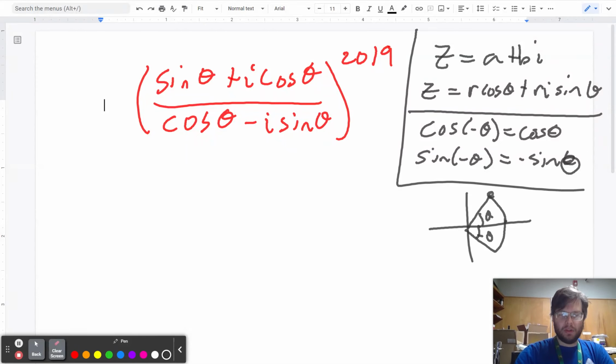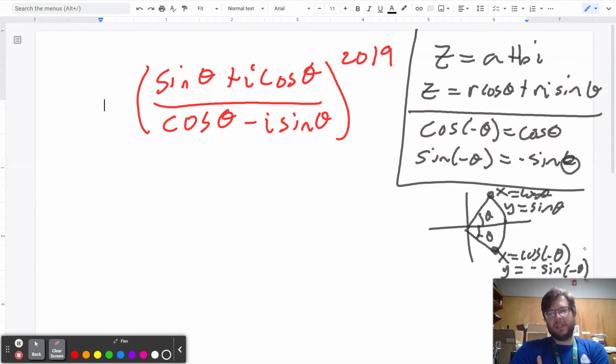I hope you'll see that where you end up has the same x value. In other words, the x value up here is the same as the x value down there. Well, that x value is cosine of theta, and this x value is cosine of minus theta, so those have to be the same. And same idea here, this y value is a certain sine, and it's going to be the opposite of this y value down here. Okay, so that's where I got those.